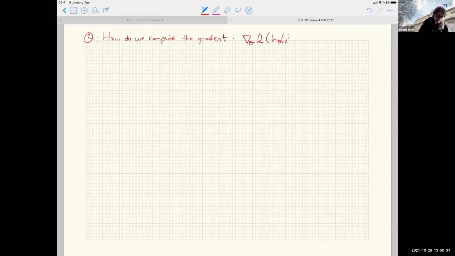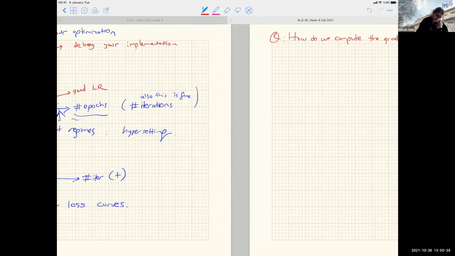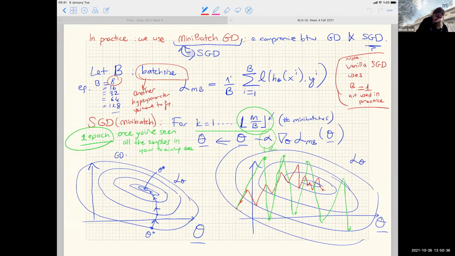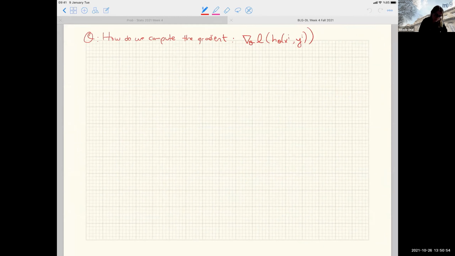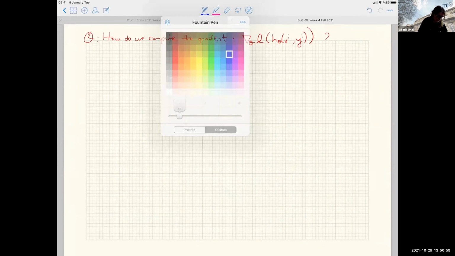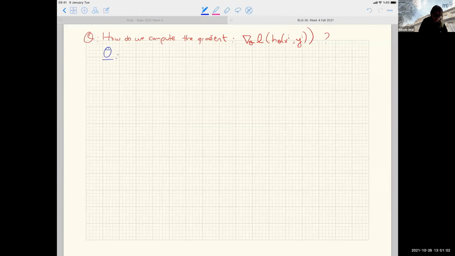Here you need grad theta L_i, let's say, because it's for one of the instances, and you sum it up for the samples in the batch. The gradients with respect to the set of parameters theta, all parameters of the neural network.